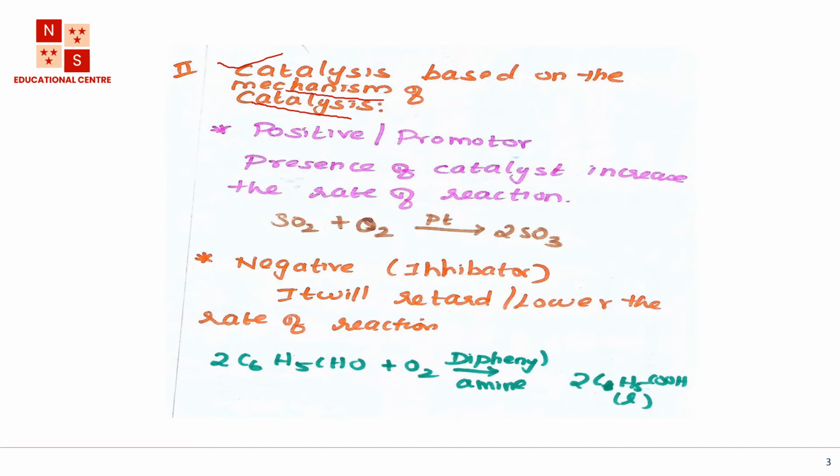The second type of catalysis is based on mechanism. A positive catalyst will increase the rate of reaction, for example palladium, and a negative catalyst will inhibit, lower, or retard the rate of reaction. In the formation of carboxylic acid, diphenylamine is used as an inhibitor.